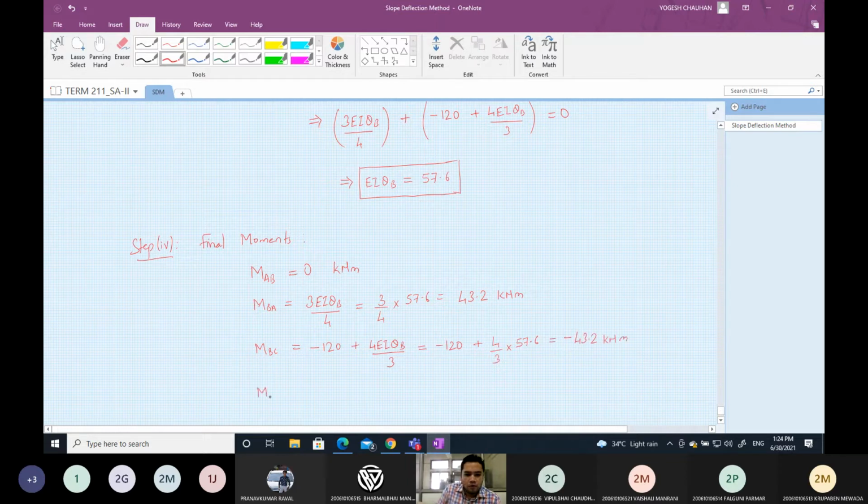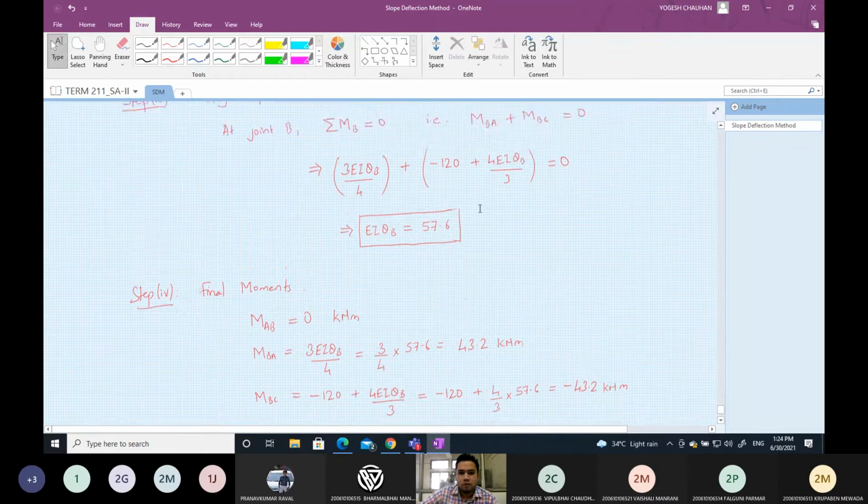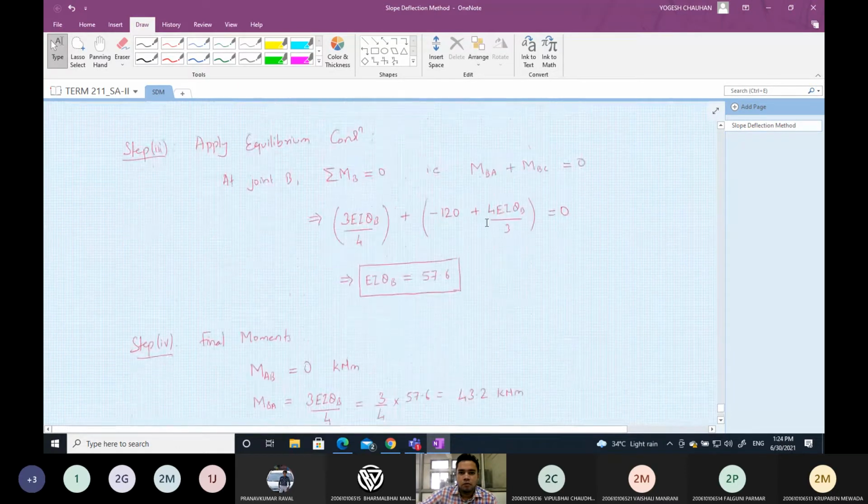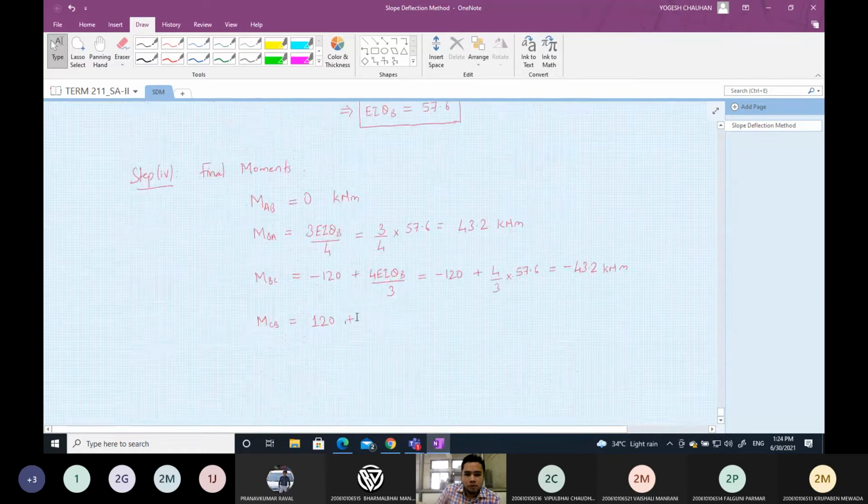And MCB will be equal to 120 plus 2 by 3 EI theta B. So it will be 120 plus 2 by 3 into 57.6.